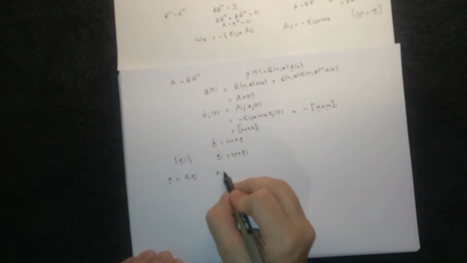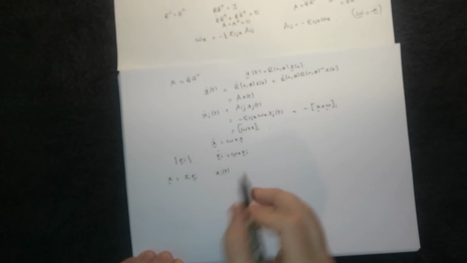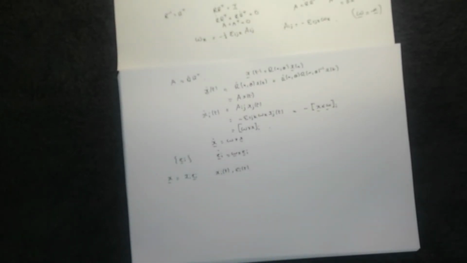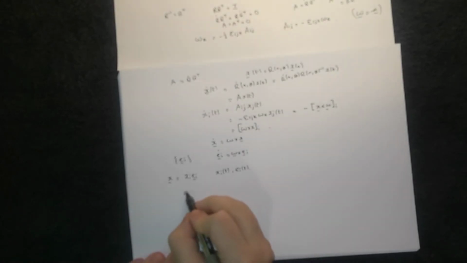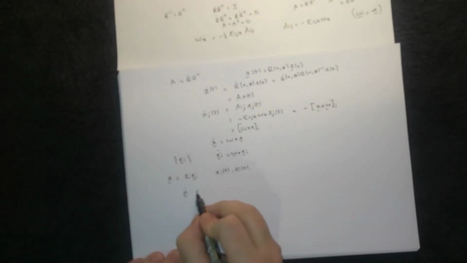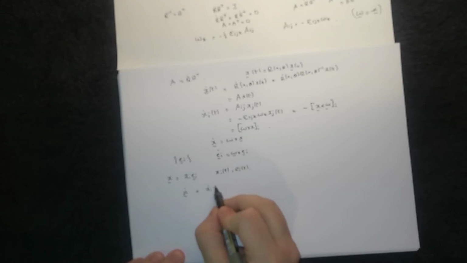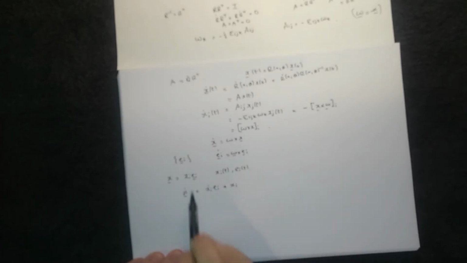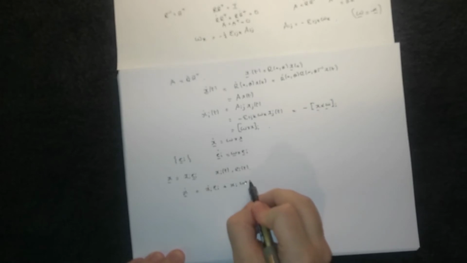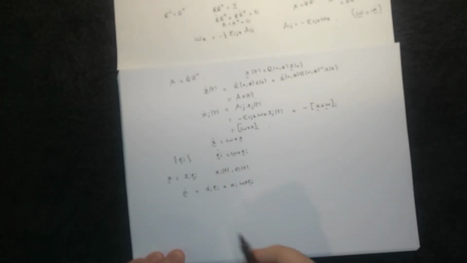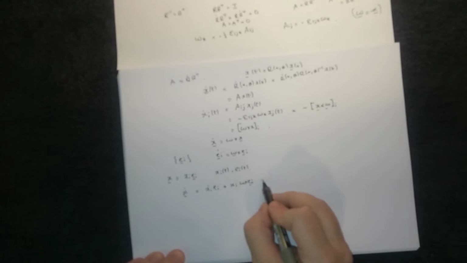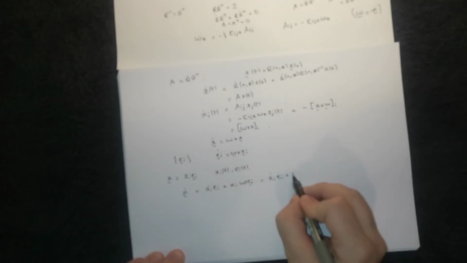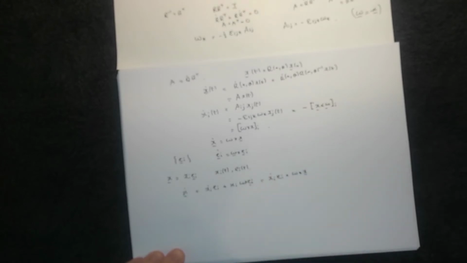And here we'll also assume that x_i and e_i are both dependent on time. So x dot is equal to x_i dot e_i plus x_i times the derivative of this, which is omega cross e_i. So that's x_i dot e_i plus omega cross x.